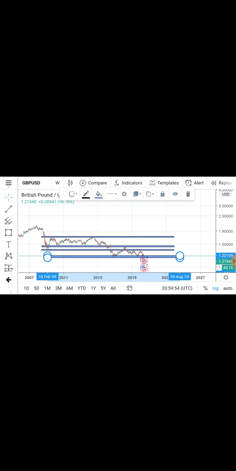And though these zones look a bit large, I'm gonna be trying to make them look a little bit more tiny. Okay, so we're gonna make them look as tiny as possible.